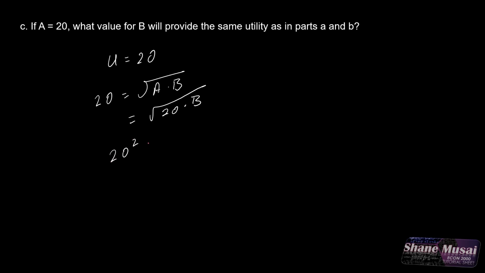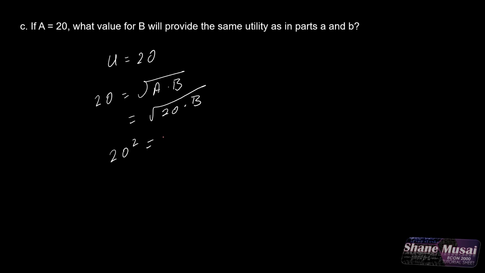Part C says, if A is equal to 20, what value for B will provide the same utility as in parts A and B? So again, we're trying to achieve a utility of 20 utils. We'll use the same method. 20 must equal the square root of A times B, which is the square root of 20 times B. We'll square both sides to get rid of the square root sign.